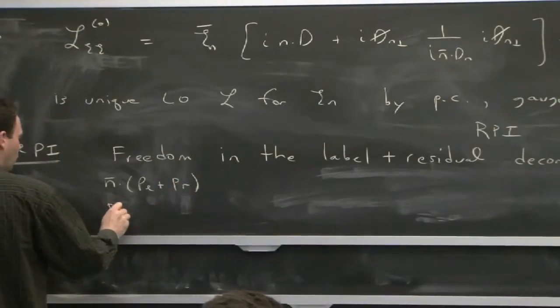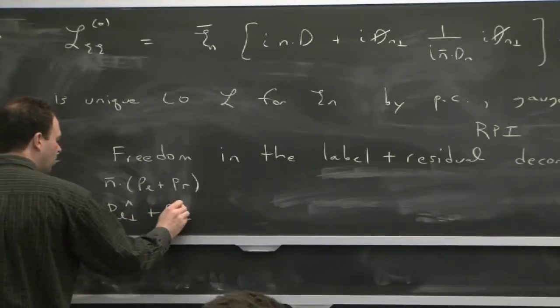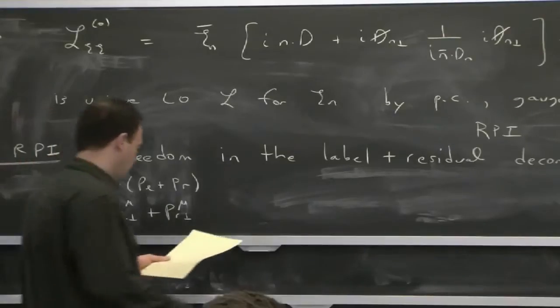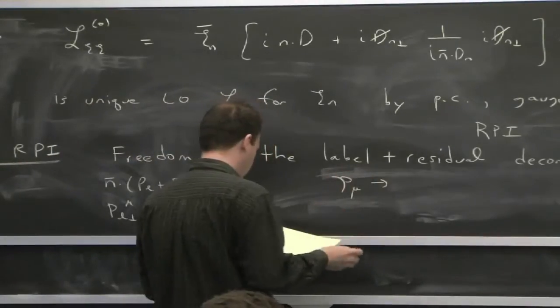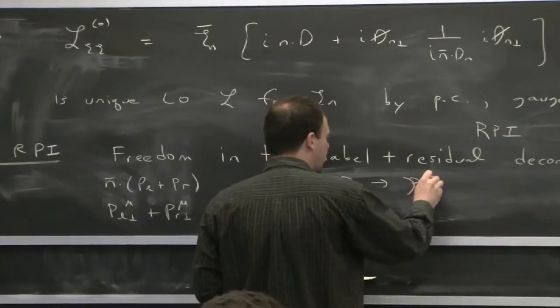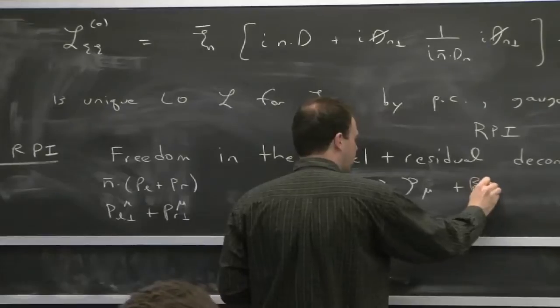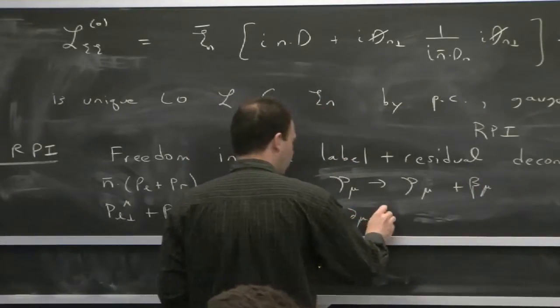So we had this split of label and residual momenta. We thought about the labels as discrete. But still, even if they're discrete, there's a freedom in how we make this split. So we could take our label momentum operator and transform it by adding some beta, which has a power counting of order lambda squared.